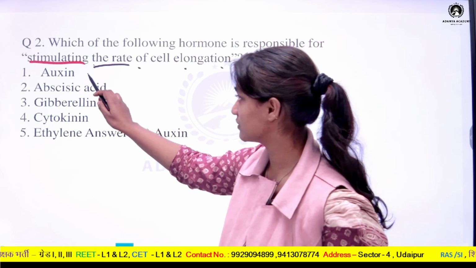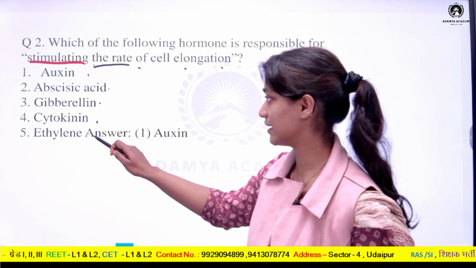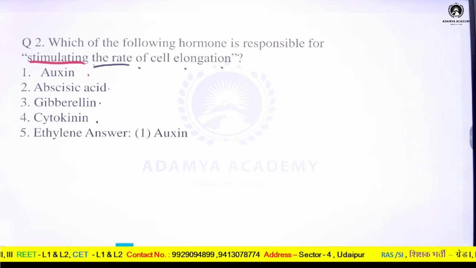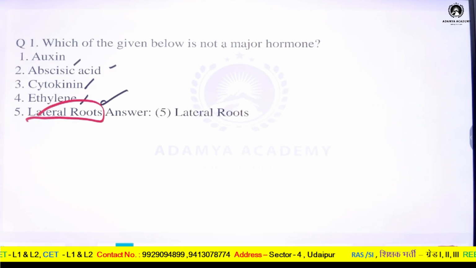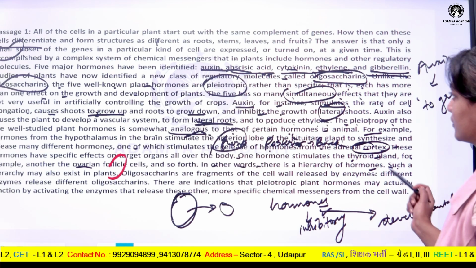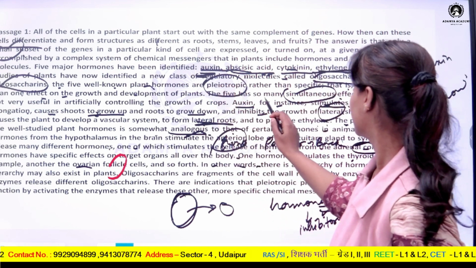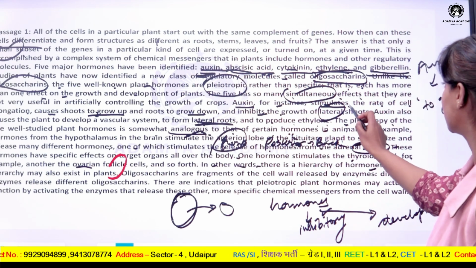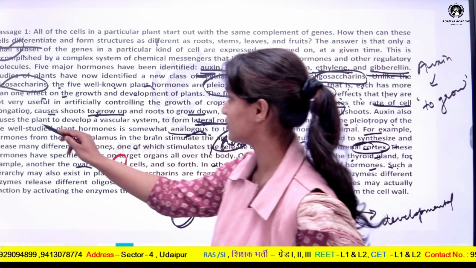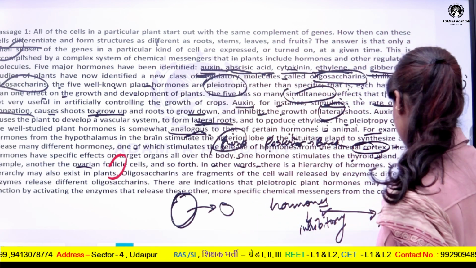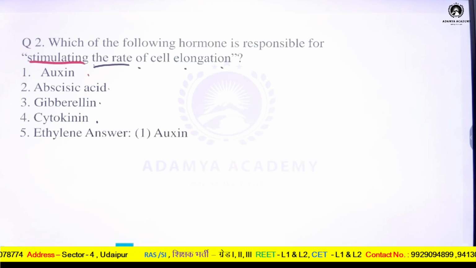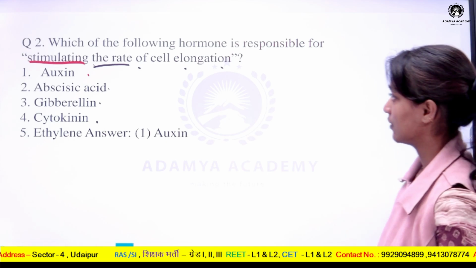The options are auxin, abscisic acid, gibberellin, cytokinin. So all these are given in the options. Now we will look into the specific functions of these hormones. We have studied that auxin stimulates the rate of cell elongation. It's written directly. So the answer will be auxin, of course.